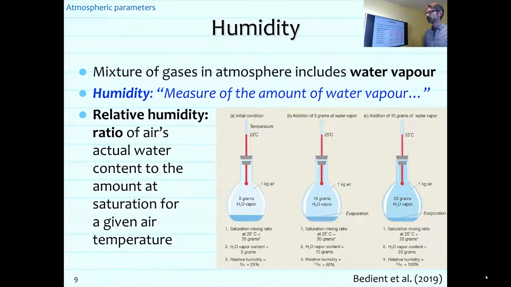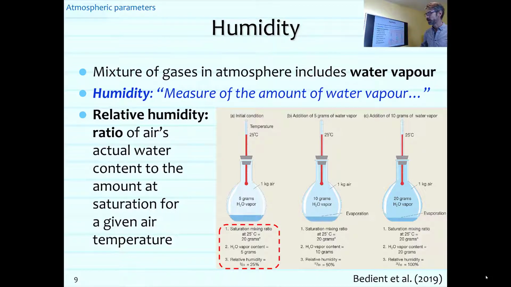So then relative humidity is a ratio of the air's actual water content to the amount at saturation for a given air temperature. So here are a few simple examples. Let's imagine that we have a flask here of air containing also some water. To begin with, we know that at 25 degrees Celsius, the air can contain as much as 20 grams of water vapor.